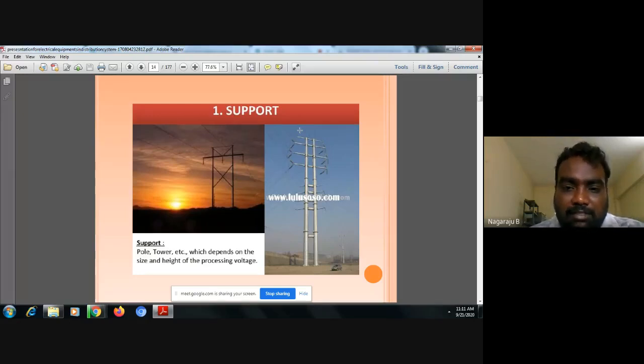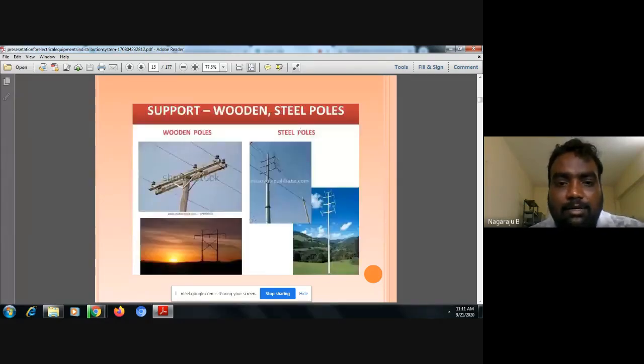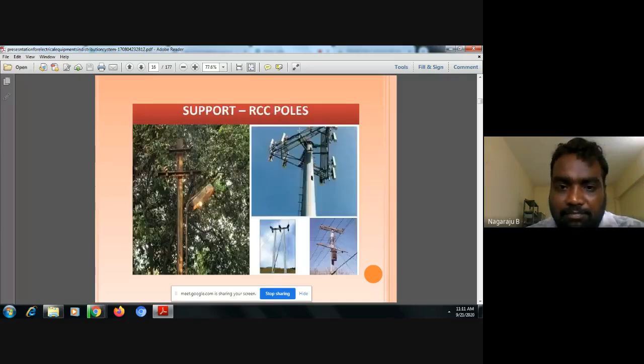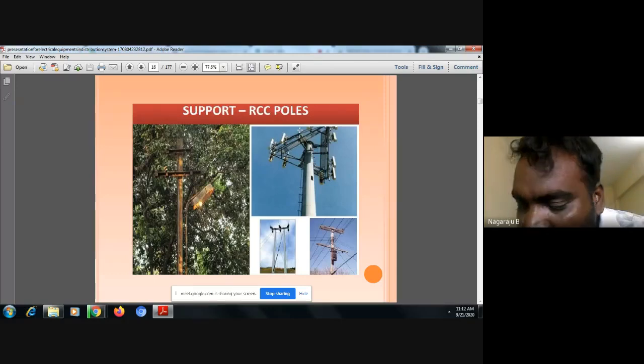Towers, this is about the high tension lines. When high tension lines are there, automatically you will get high tension supports, like poles and towers, which depend on the size and height of the transmission voltages. Like on your home side, you will see these things, and RCC poles to have the supply on roads also, for the lamp connection also.